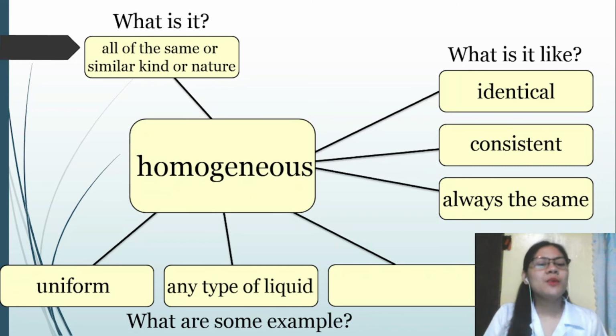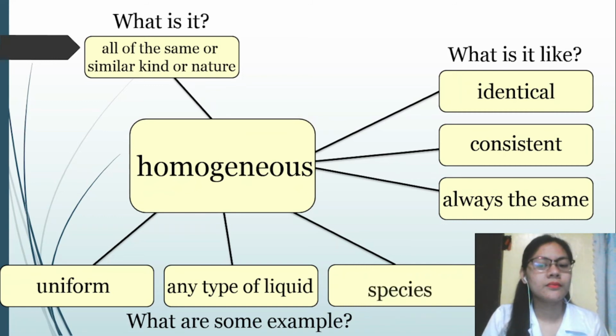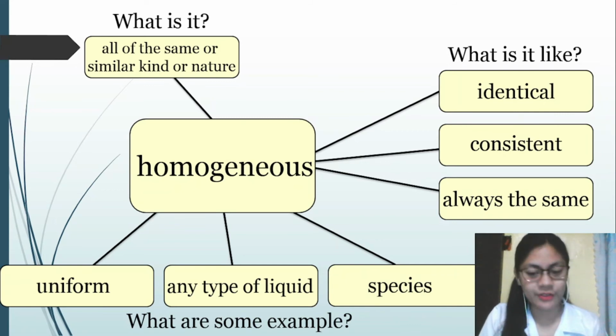Someone answered any type of liquid, because it is identical and consistent, similar to each other. What else? Someone answered species. Homogeneous is also a species, because as humans, we are all homogeneous. We are human.